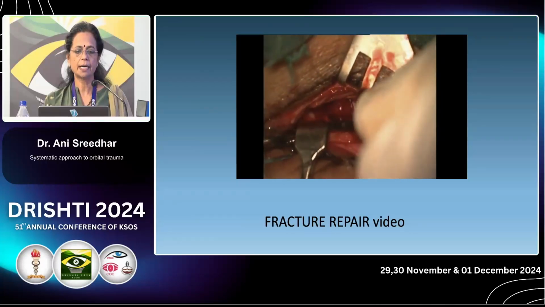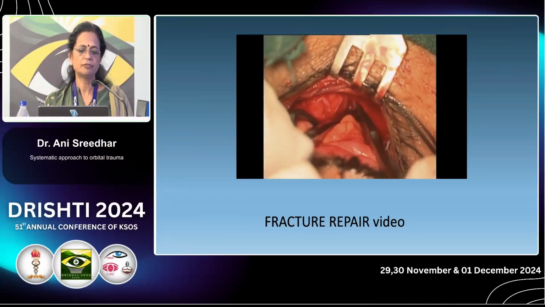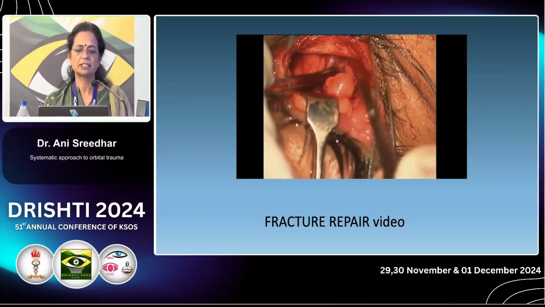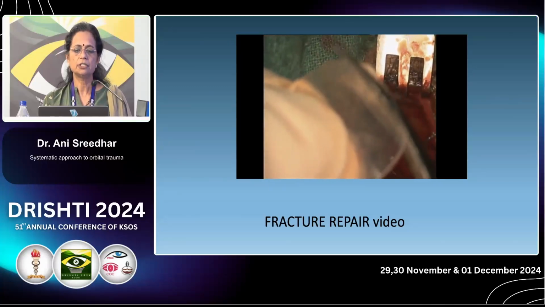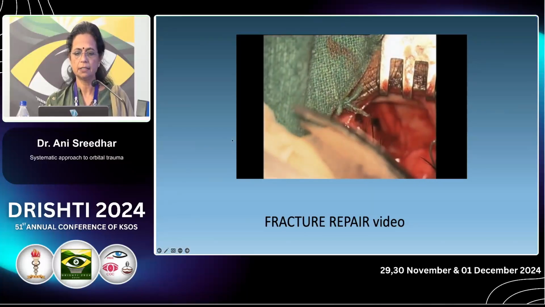By the hand-over-hand technique, you have to release the tissues, and you may have to punch the edges of the fracture to enlarge it, and then only all the tissues can be released. This is an old video. I am using a silicone sheet here.